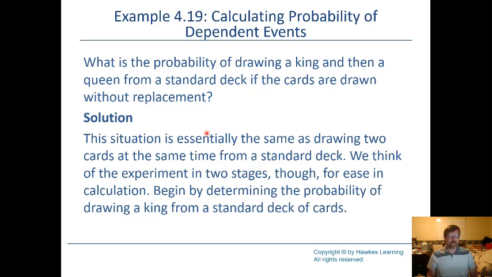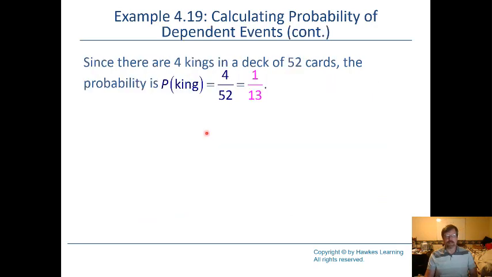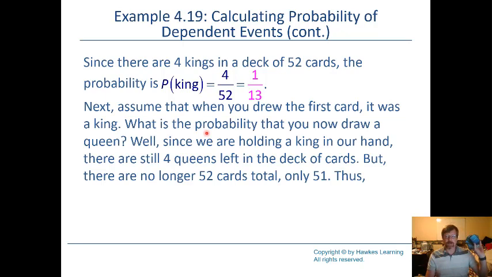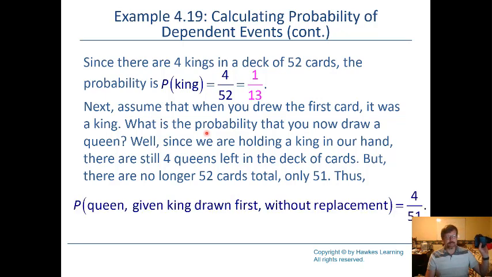The probability of drawing a king is still 1 in 13, right? So there's my first card, set it aside. Now I've only got 51 cards, thus the probability of getting a queen, if the king was drawn first, without replacement, is 4 in 51.